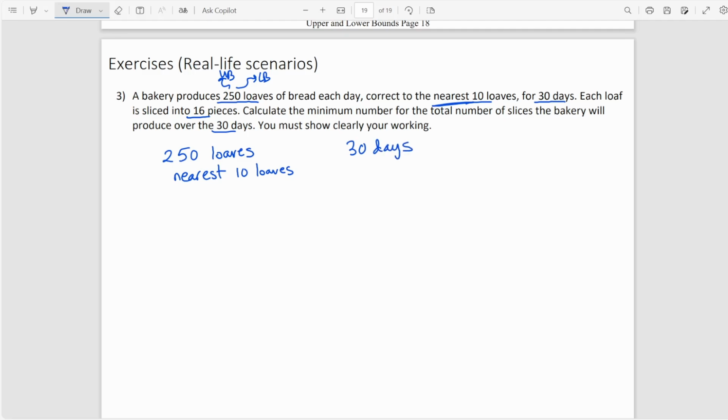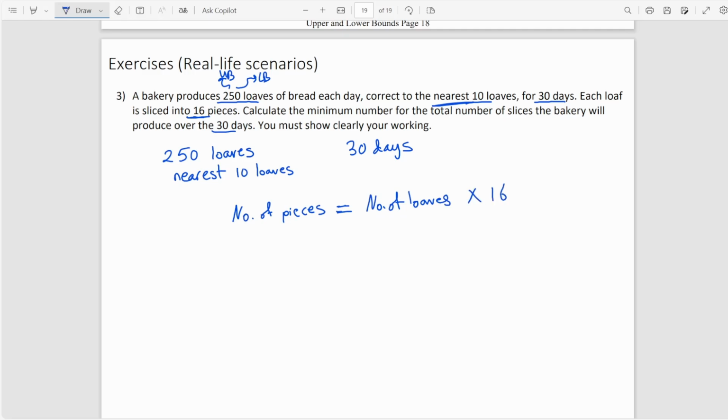And what we're doing is we're slicing each loaf into 16 pieces, okay? So in order to know the number of pieces, well, we know that each loaf will become 16, correct? So the number of pieces is going to be the number of loaves multiplied by 16.